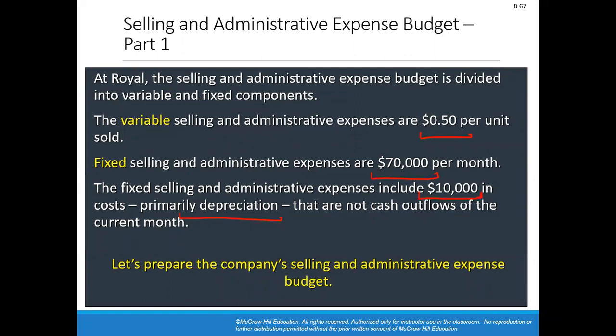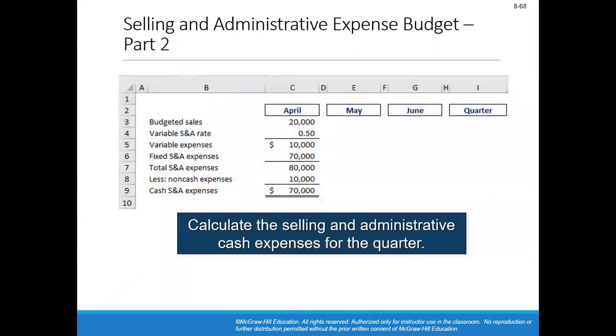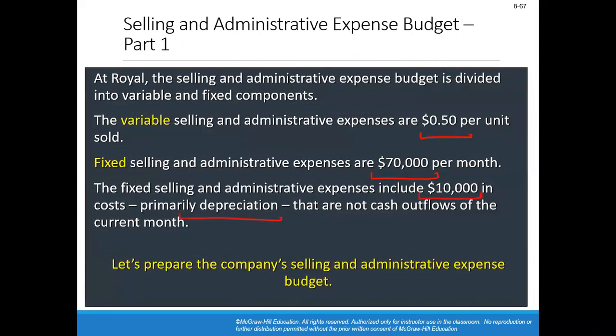Okay, now let's proceed. You see that the variable selling and administrative expense is given in terms of the unit sales.